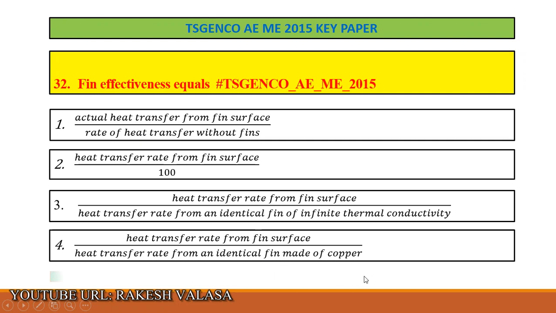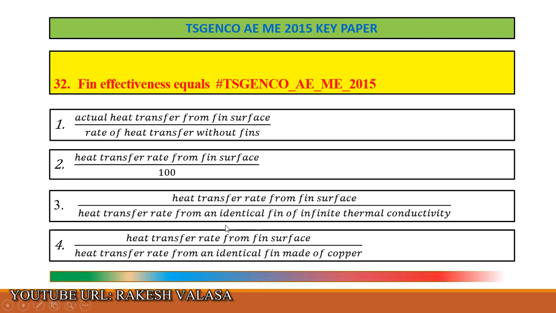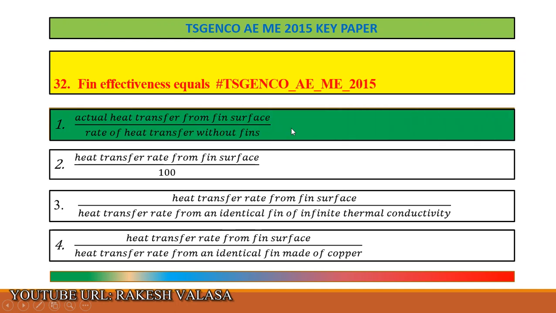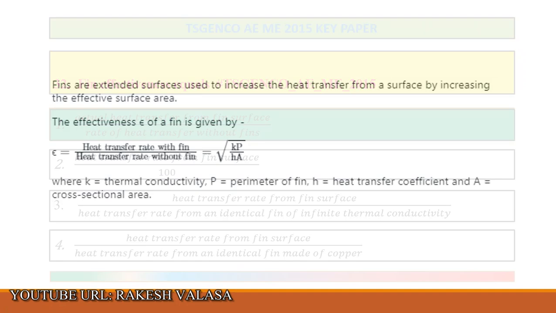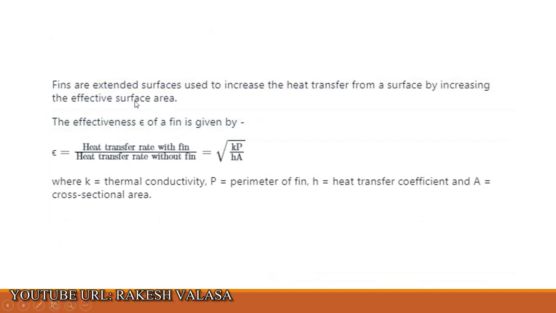The correct answer is option 1, that is actual heat transfer from fin surface by rate of heat transfer without fins. Let us see the explanation. Fins are extended surfaces used to increase the heat transfer from a surface by increasing the effective surface area.